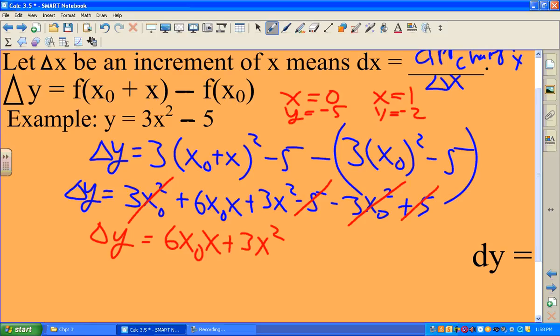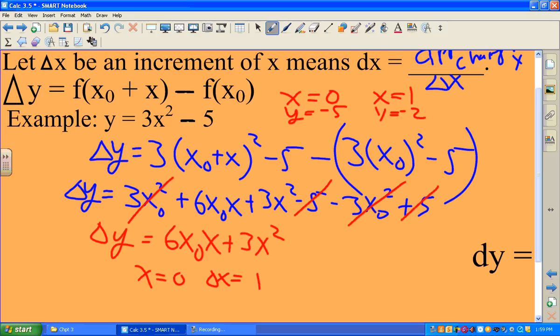So here, if your initial x is 0, and my change in x is going to be 1, I put in 0 for x, I put in 1 for delta x, and what do I get out? 0? That's not right.